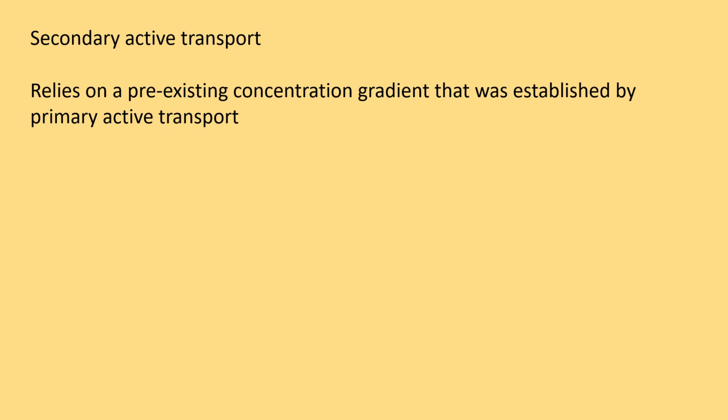Next up is secondary active transport. Secondary active transport indirectly relies on ATP. So in secondary active transport, we need a pre-existing concentration gradient that was established by primary active transport in order for secondary active transport to occur.